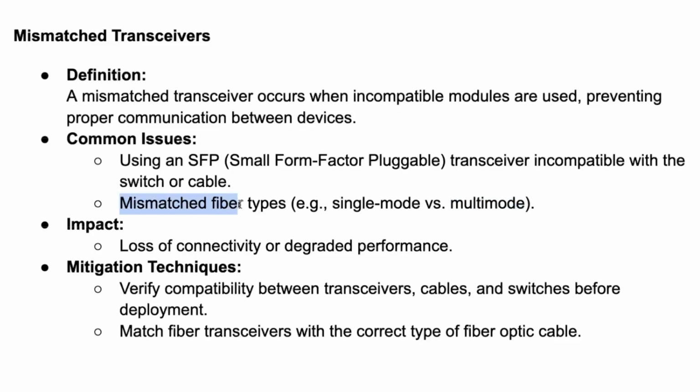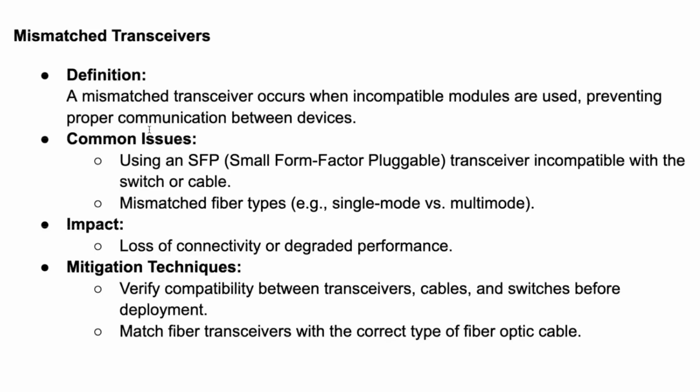So with mismatched fiber types, your cabling or transceivers are not able to connect your actual fiber wires. Each type of fiber wire, for example single mode, will have a different adapter, or the end point of the wire will look a little bit different, and it will fit a different type of transceiver than the multi-mode would.